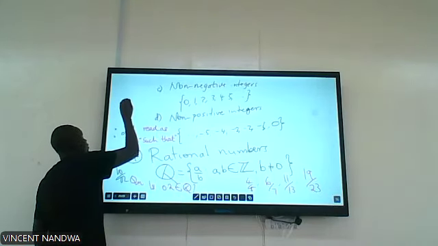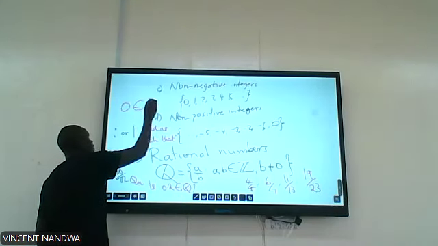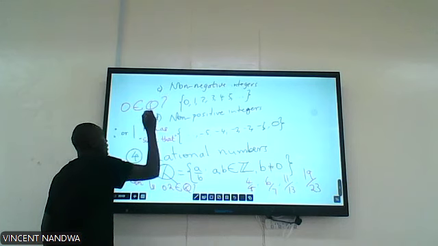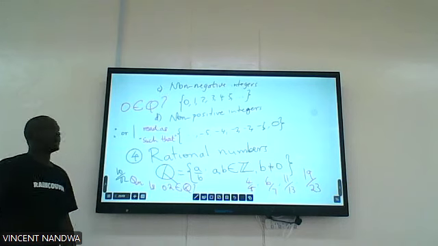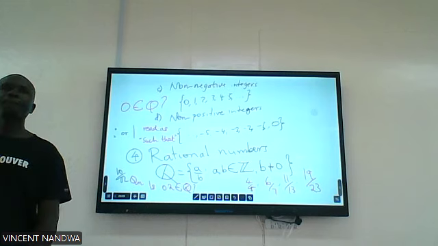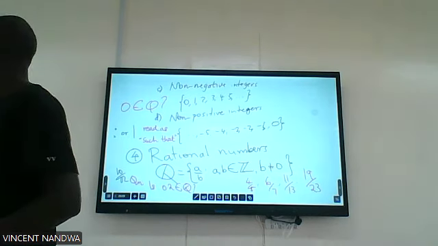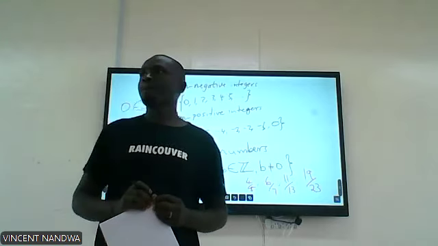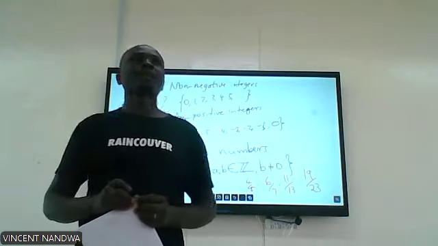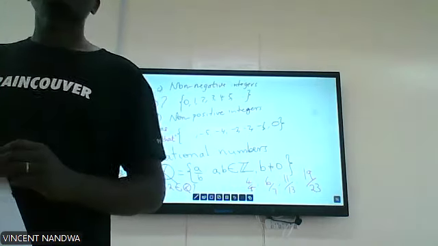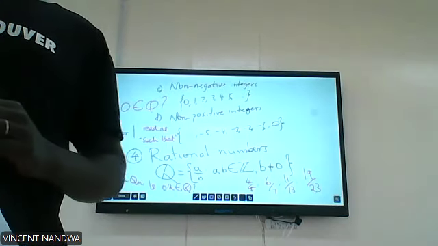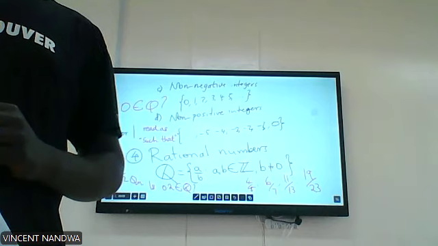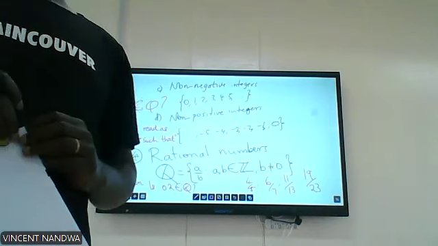And then 0. I say that 0 is a rational number. Yes or no? Is 0 rational?